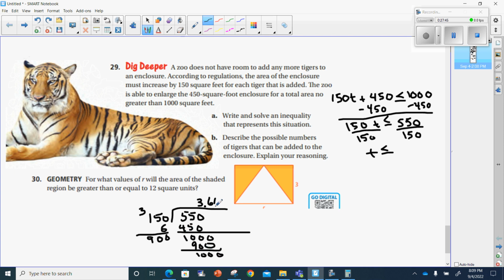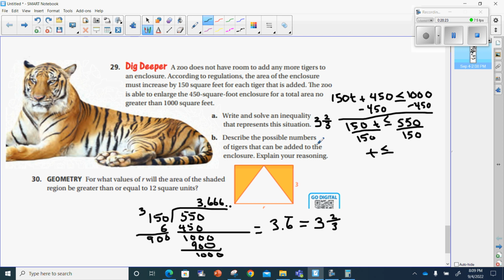It's going to be 6, 6, 6 forever, which means this answer is 3.6 repeating. As a fraction, that equals 3 2/3. All right, so this was the inequality, and solving it would have been 3 2/3.